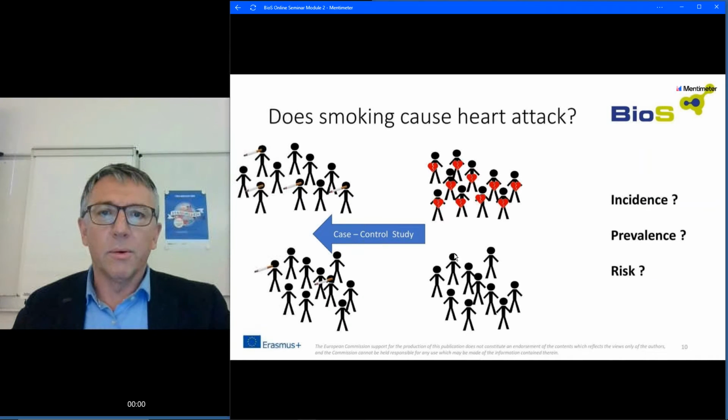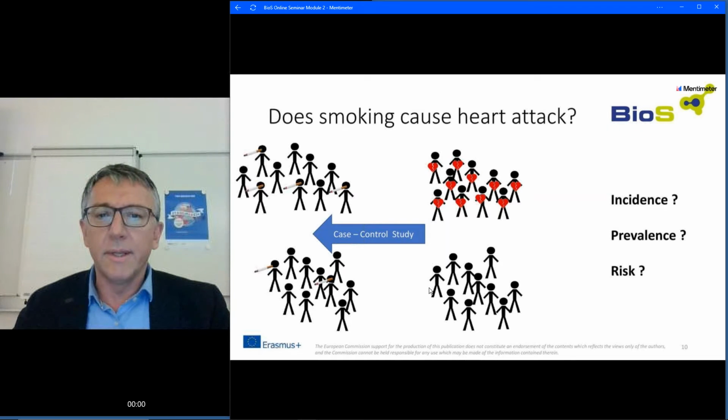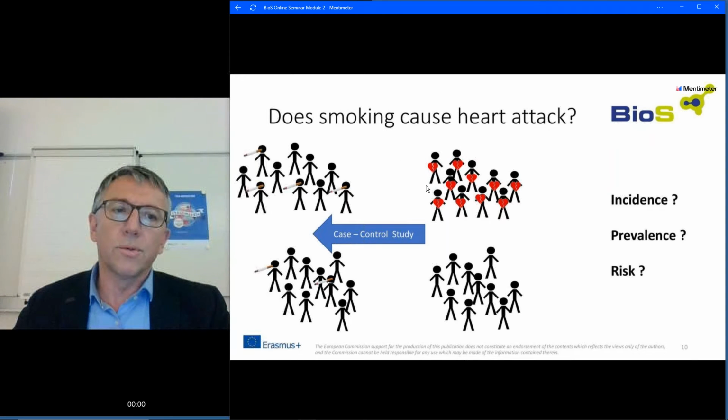So again, case control studies go backward in time. You have one group of individuals that have had a heart attack and one group that has not had a heart attack. Then you ask them, have you smoked in the past 10 years, for example, and you identify individuals that have smoked in the control group, and individuals that have smoked in the cases group.